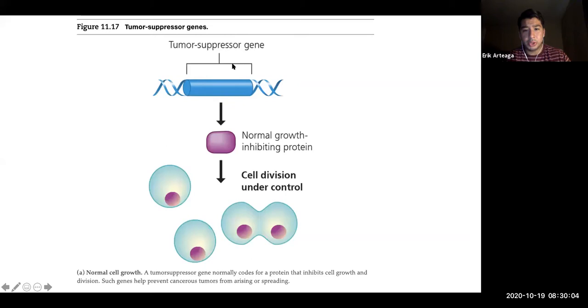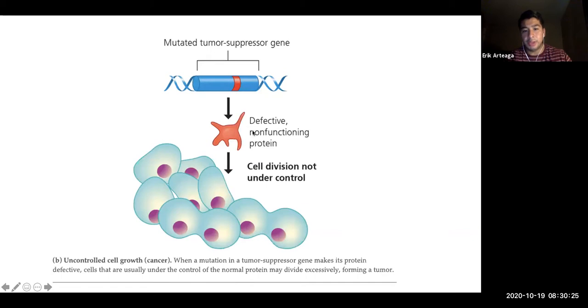So with a tumor suppressor gene, a normal growth-inhibiting protein is produced, right? So this is controlling the cell cycle. Cell division is under control. You have normal cell growth, right? A tumor suppressor gene normally codes for a protein that inhibits cell growth and division. So such genes prevent cancer formation, right? If you have a defective, non-functioning protein, you have uncontrolled cell division.